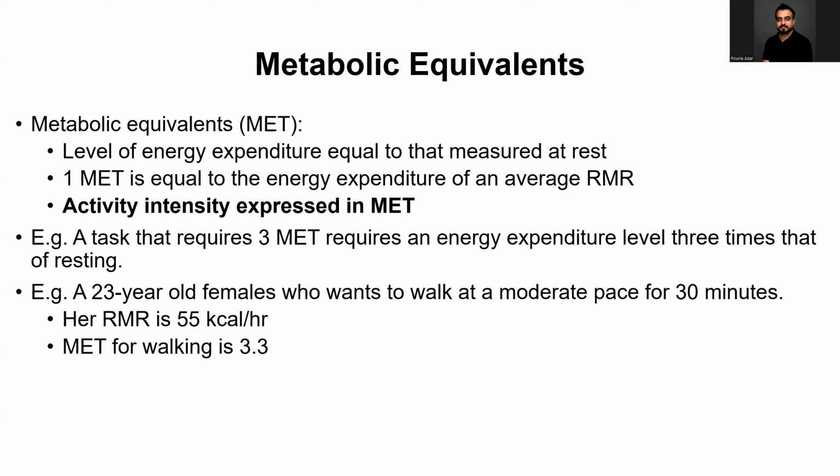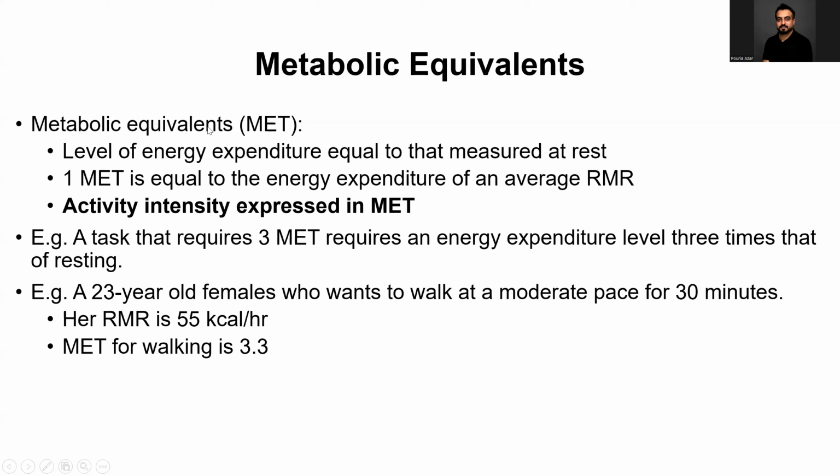So a 23-year-old female who wants to walk at a moderate pace for 30 minutes, her resting metabolic rate is 55 kilocalories per hour. The MET for walking is 3.3. So the walking intensity is expressed in MET, which is 3.3.